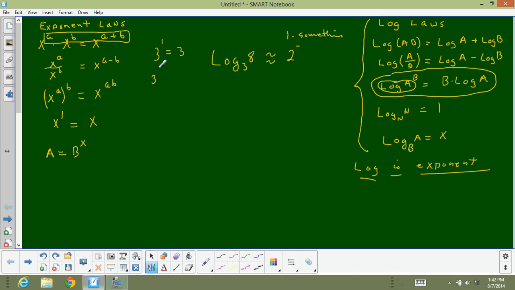And I know that 3 to the second power is 9. Well, this log base 3 of 8 is saying to me, 3 to what power is 8? Well, again, I know that 3 to the second is 9. So this number that this thing represents has to be a little bit smaller than 2.